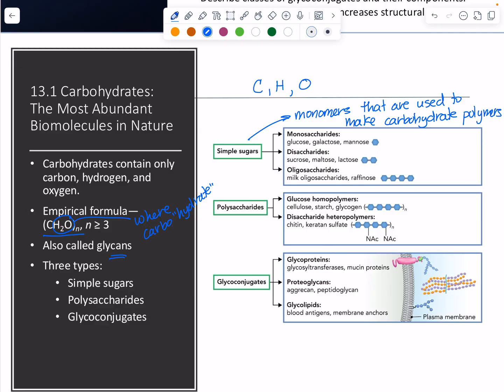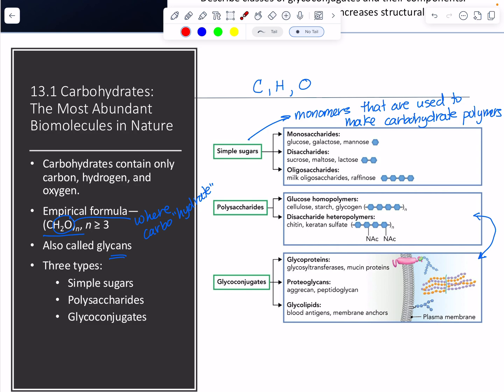And then polysaccharides and glycoconjugates are larger biomolecules, macromolecules that incorporate these simple sugars into their structures.